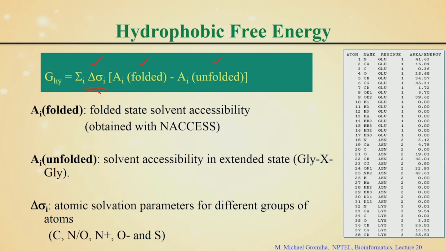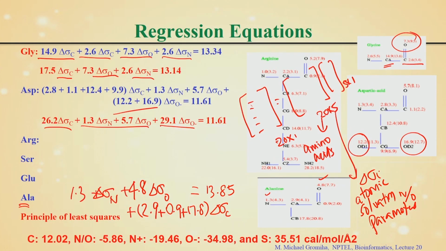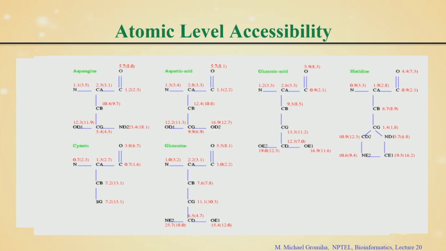For example, if you take the glutamic acid, residue number 1, here you have the values of ASA for different atoms. For the same glutamic acid, you can get the unfolded set accessibility. So we have the unfolded set ASA, the folded set ASA, and delta sigma I.